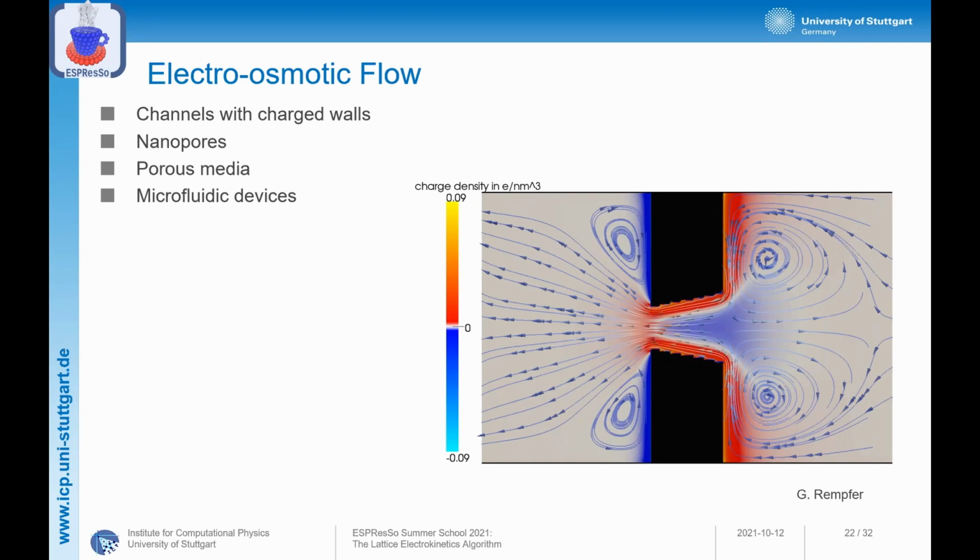However, if you put in an asymmetry in the system, for example, like here, we have this asymmetric pore, where it's easier for the ions on the right side to move to the left of the pore than for the ions on the left of the pore to move to the right. Then you can get a net flow out of it.